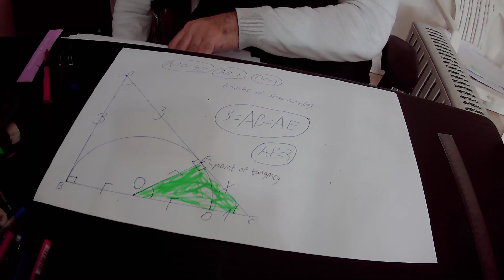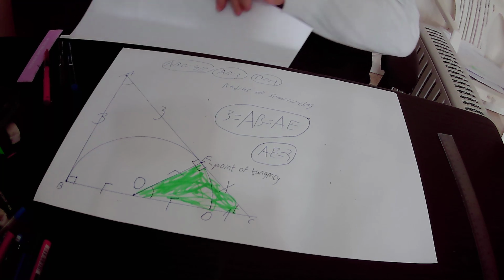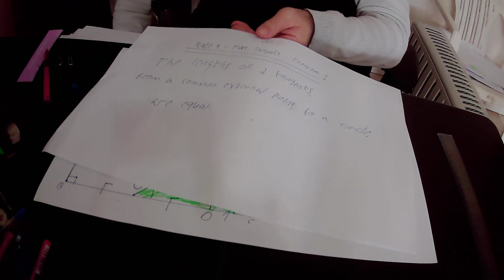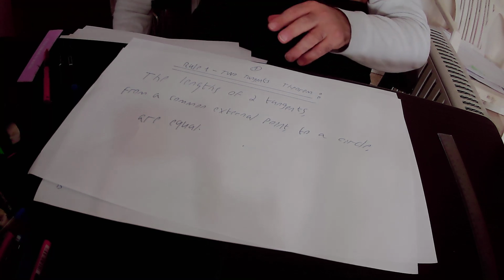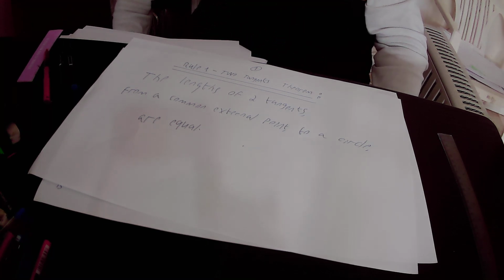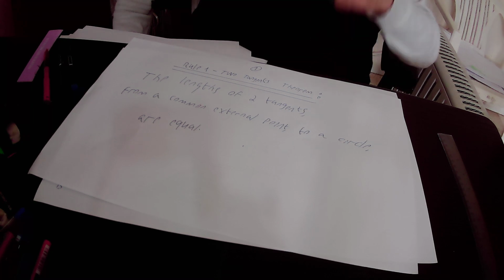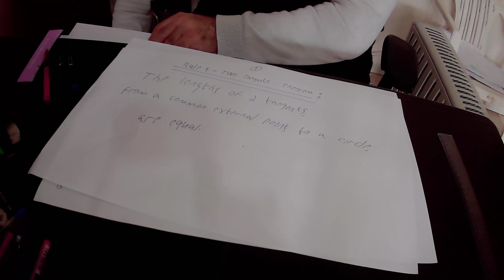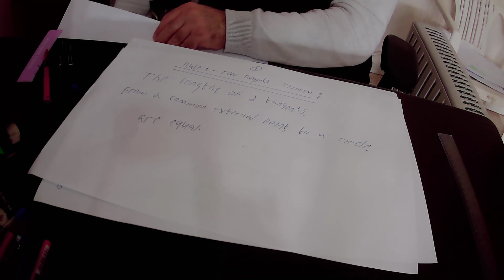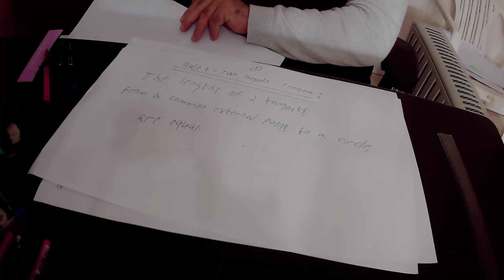So I presented to you rule number 1. According to rule number 1, or the two tangents theorem, the lengths of two tangents from a common external point to a circle are equal. What is the meaning of rule number 1?